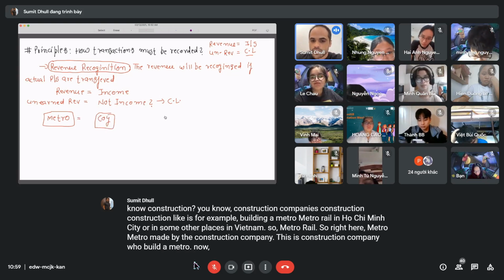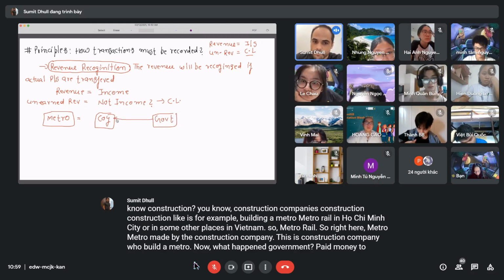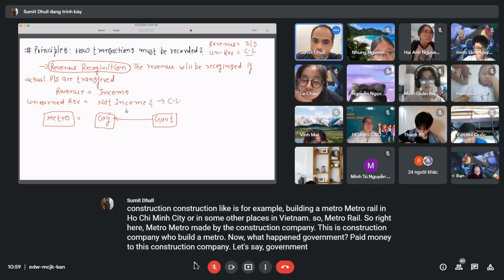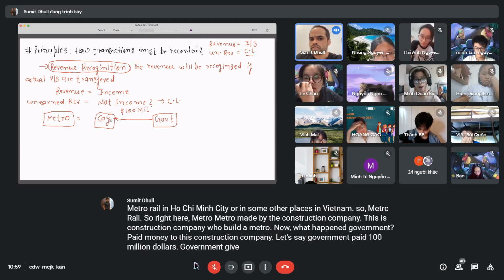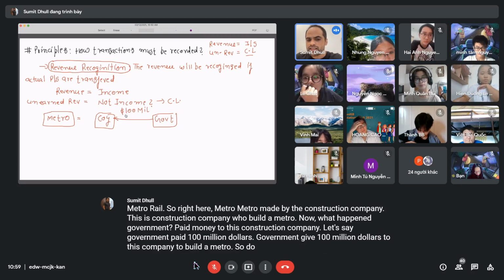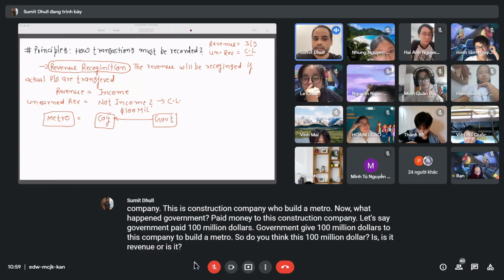Now what happened? The government paid money to this construction company. Let's say the government paid $100 million to this company to build a metro. Do you think this $100 million is revenue or unearned revenue for the construction company?